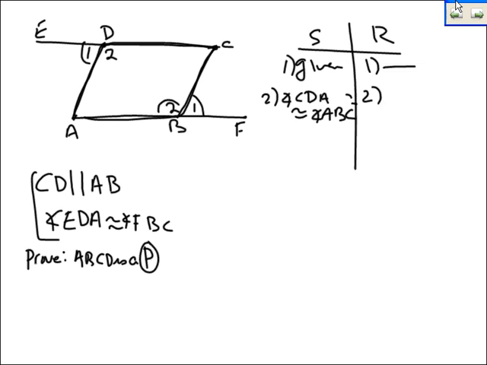Supplements to equal angles are equal. Angle 2 is supplement to that angle. That angle is supplement to that angle. Both of those angles, this angle and this angle, they're supplementary to equal angles. Supplements to equal angles are equal. Okay, so what I call angles 2, angle 2, that's correct.